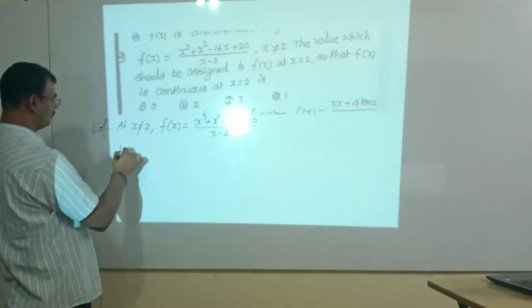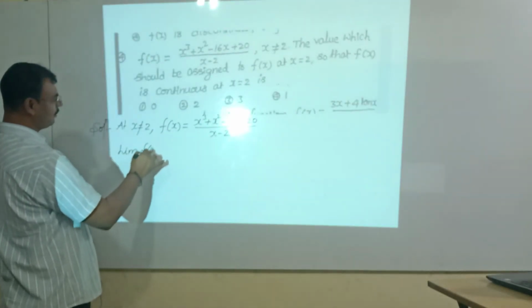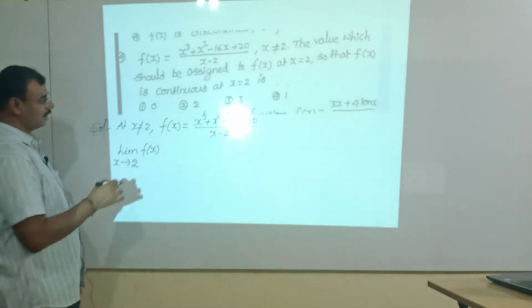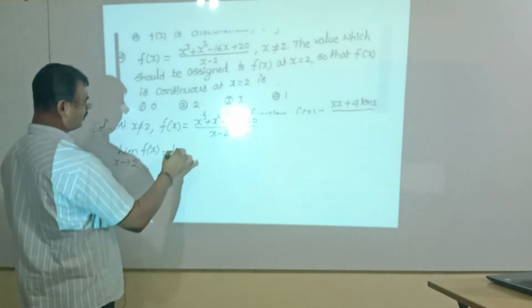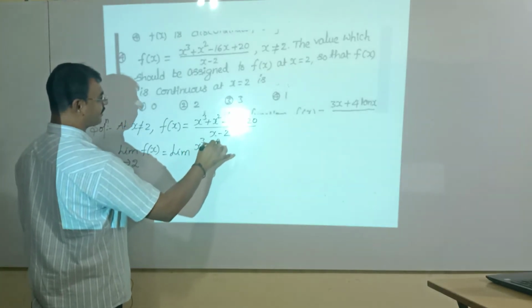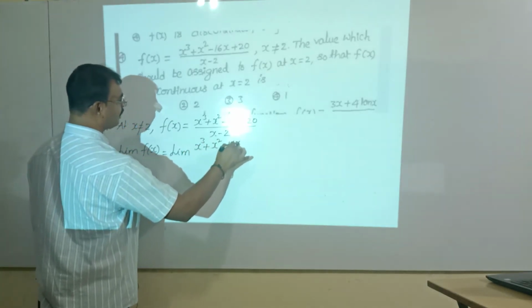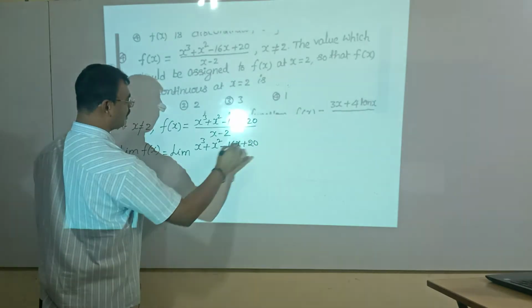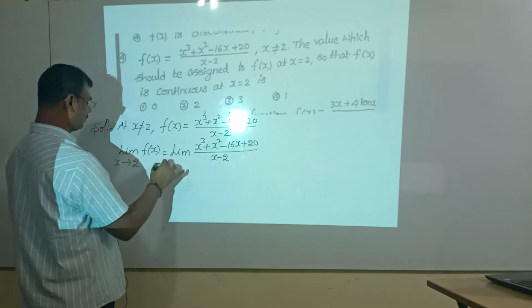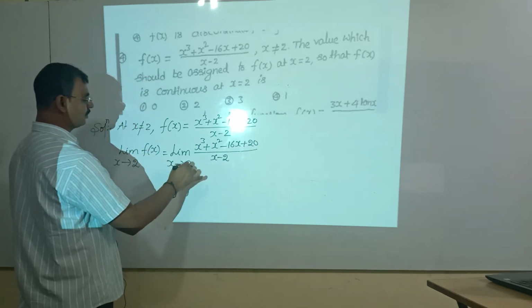So the limit of f of x as x approaches 2 is equal to the limit of x raised to 3 plus x square minus 16x plus 20 divided by x minus 2 as x approaches 2.